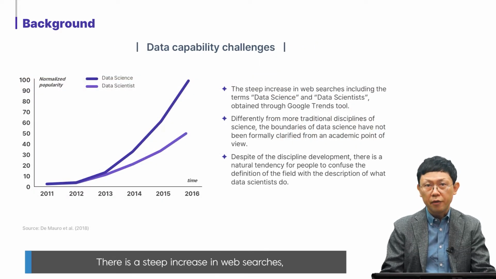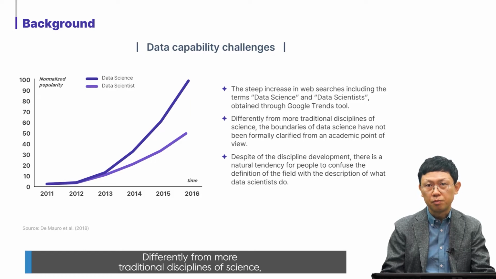The steep increase in web searches, including the terms data science and data scientist, was obtained through the Google Trends tool. Differently from more traditional disciplines of science, the boundaries of data science have not been formally clarified from an academic point of view.